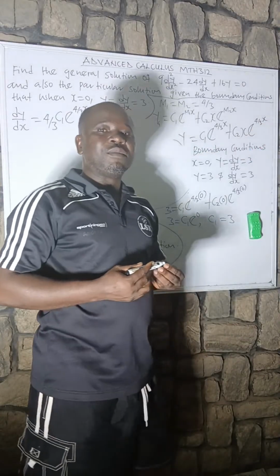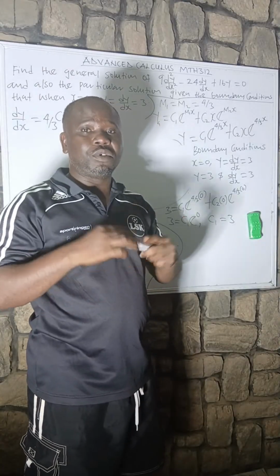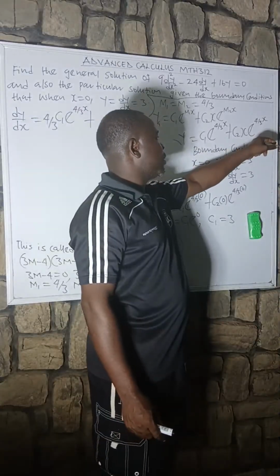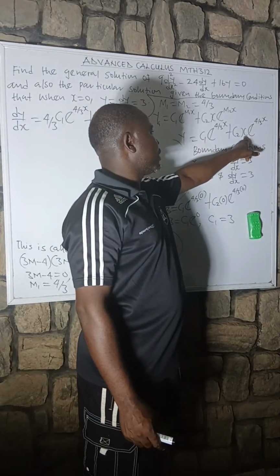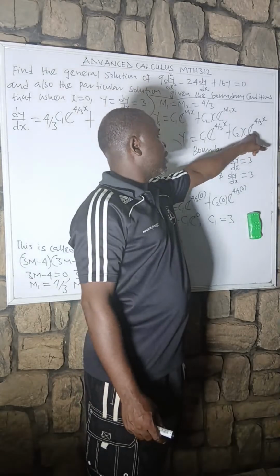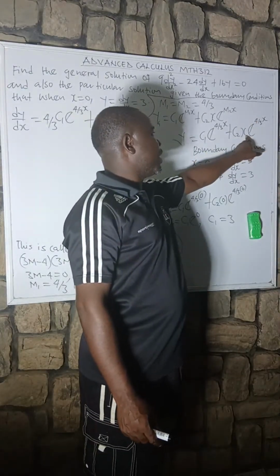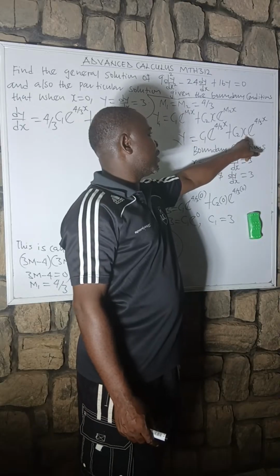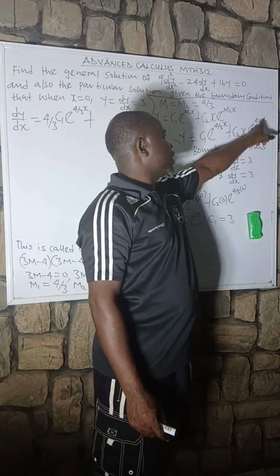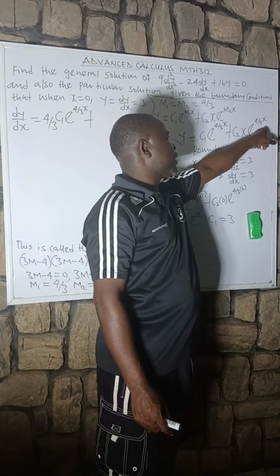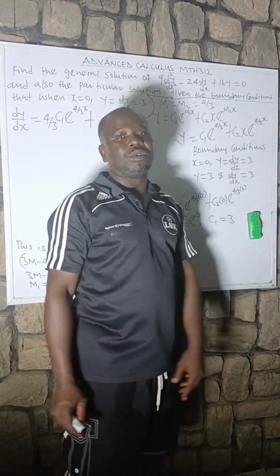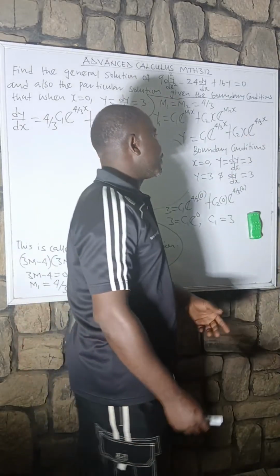So we are going to introduce the product rule to differentiate this function. Either you hold C2x constant, differentiate the exponential and use it to multiply C2x, then plus you hold C2 exponential 4 over 3x, then differentiate x and multiply.